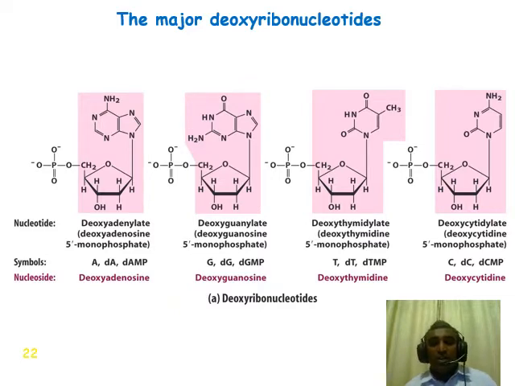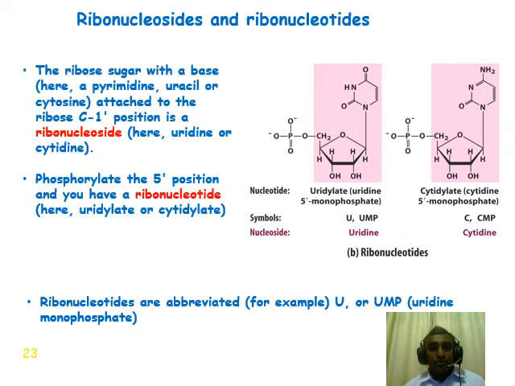Interesting to see that if it's a nucleotide, it's referred to as, for instance, deoxyadenylate. If it's a nucleoside, it's referred to as deoxyadenosine alone. So similarly for ribonucleosides as well as ribonucleotides, you have the phosphate.